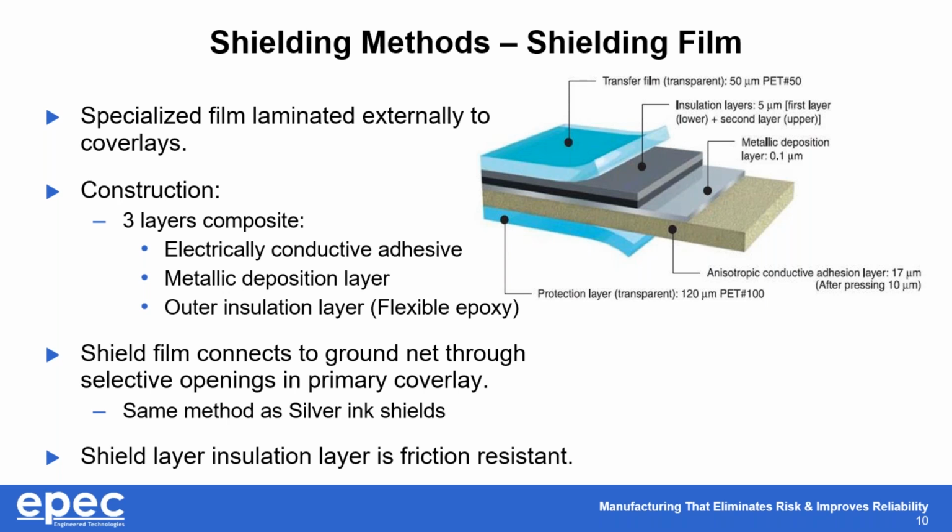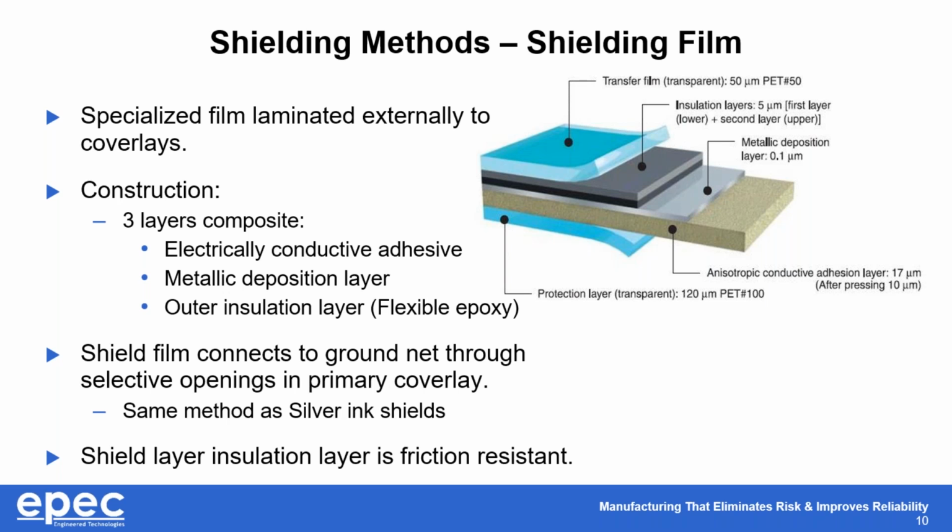The shielding film connects to ground through selective openings in the primary cover lay, essentially the same method as the silver ink, but due to it having its own built-in insulation layer, there is no need for a secondary cover lay, which gives this methodology a significant advantage.